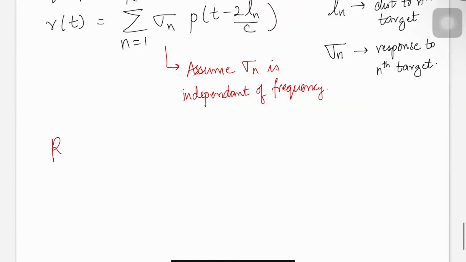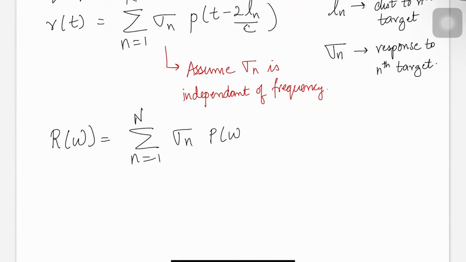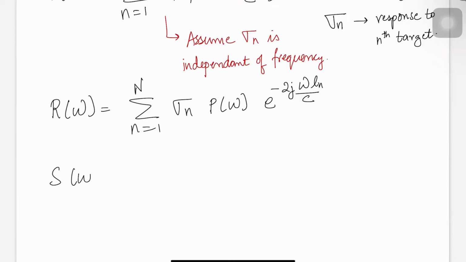What does the Fourier transform of this look like? So that looks like R of omega is equal to the sum over n equal to 1 to N of sigma n. Since sigma n is not frequency dependent, I can pull the Fourier transform in and just apply it on the p term. Again, using the property, I would get P of omega times e to the minus 2j omega ln over c. Again, going through the same steps, S of omega would just be this times P of omega times P star of omega.